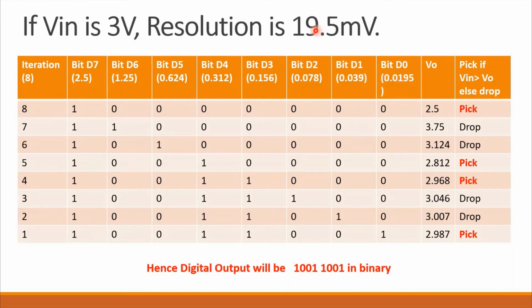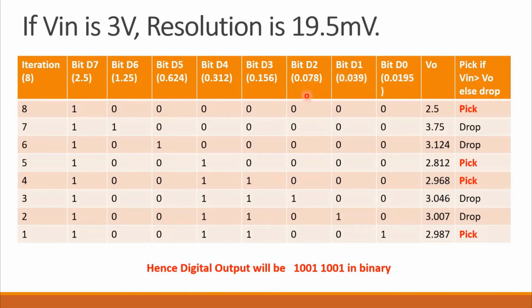Since the smallest change that it can identify is 19.5 millivolt, your bit D0 will be 19.5 millivolt. It is written in volt, so 0.0195 volt. Then you have D1. D1 is 2 to the power 1. So 0.0195 into 2 will give you 0.039.